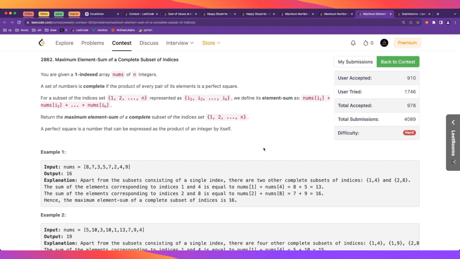And so in the long term, it helps you understand better and do better at contests also. So that's my disclaimer.